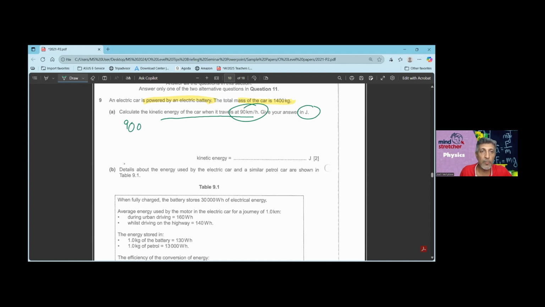So you must change it to meters per second. 90,000 divided by 3,600. Go and find out the speed in meters per second, 25 meters per second. Then you use half mv squared. Cannot use this value, you must change it to meters per second.